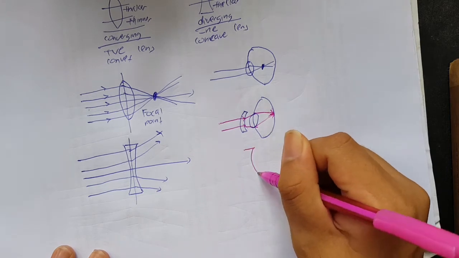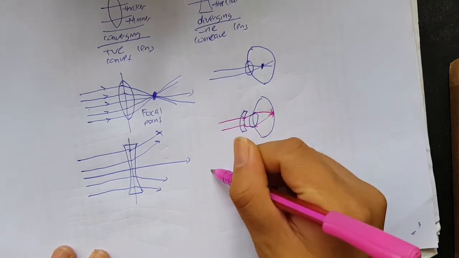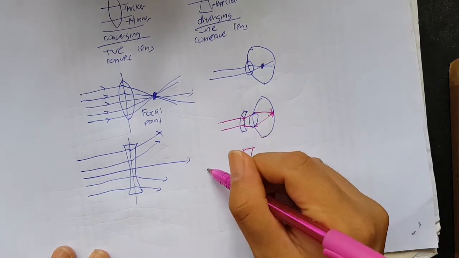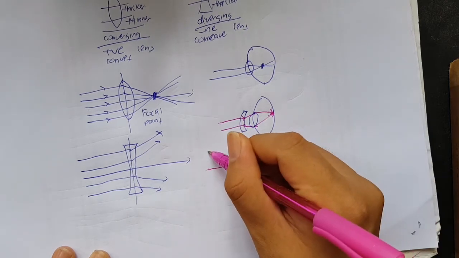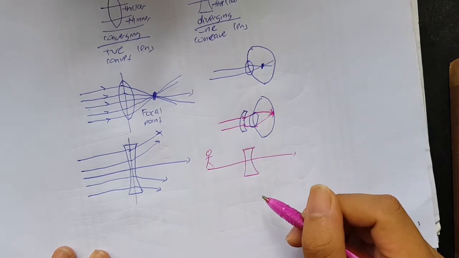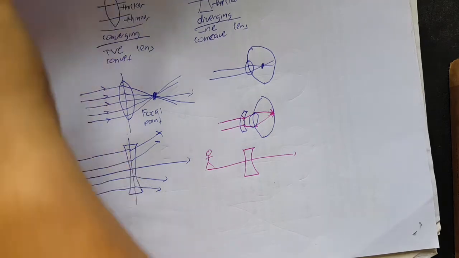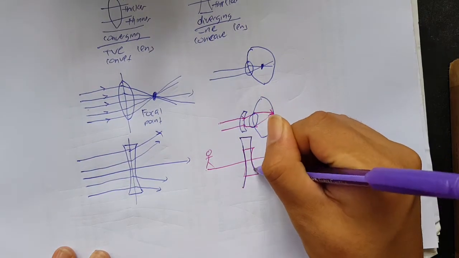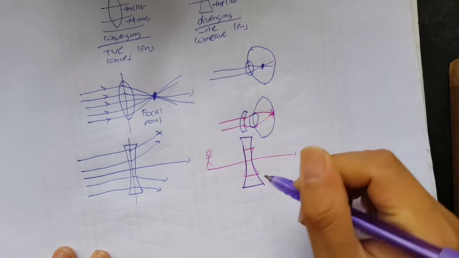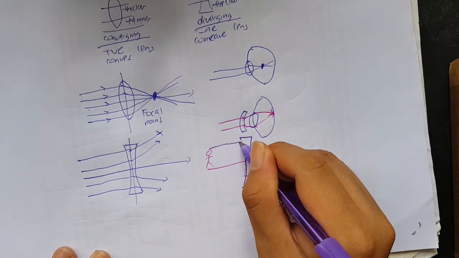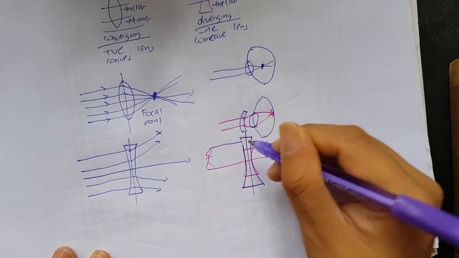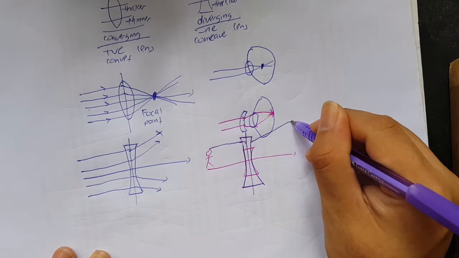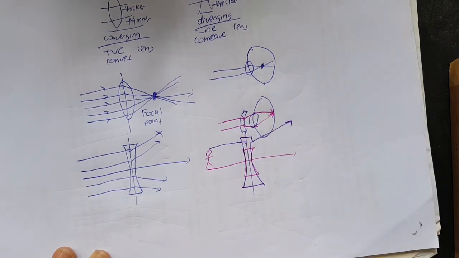So just draw a diverging lens. This is your image. I should draw bigger. Basically the rays diverge away.